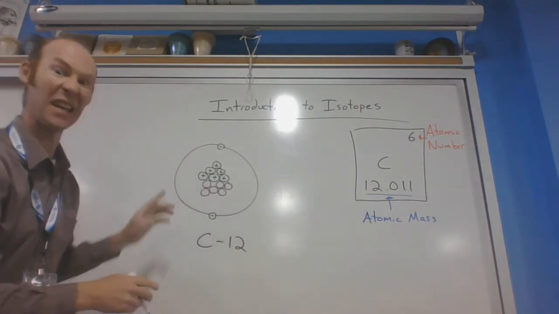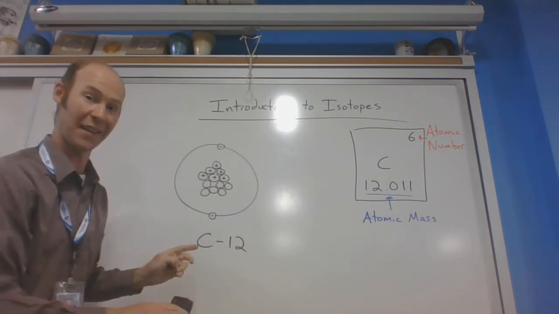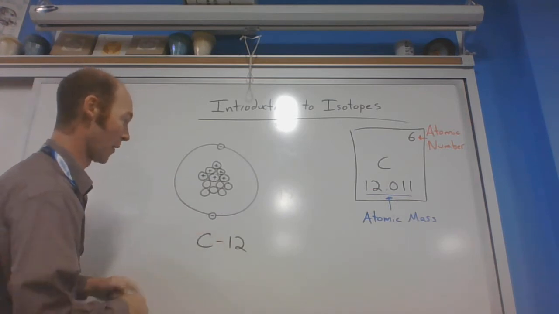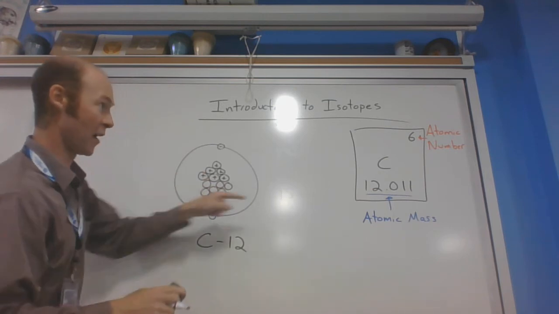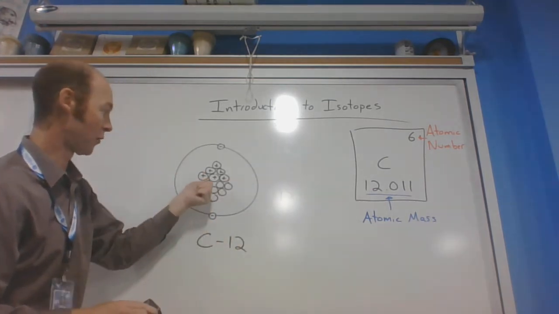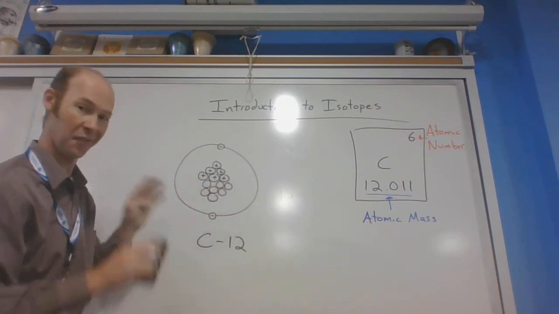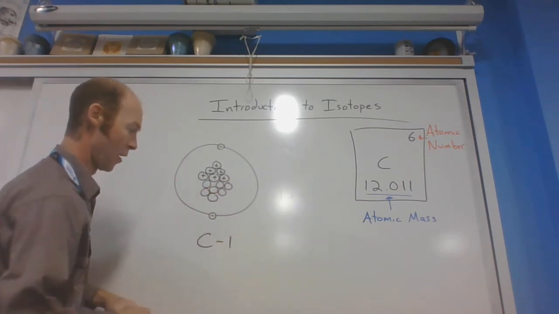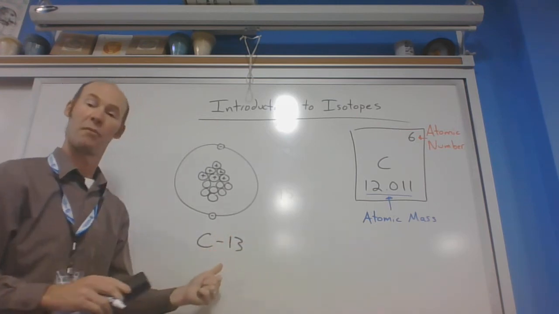Let's just turn this one into carbon that has 7 neutrons. As soon as I do that, it won't be carbon 12 anymore. One more neutron, and now it's 6 protons, still carbon, but 1, 2, 3, 4, 5, 6, 7 neutrons. 7 plus 6, grand total, 13. This is carbon 13.